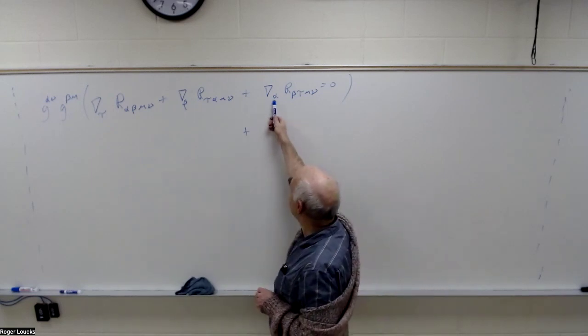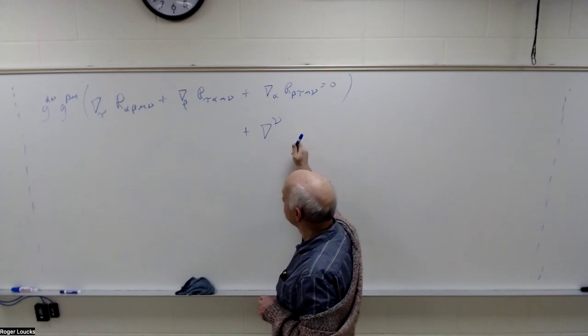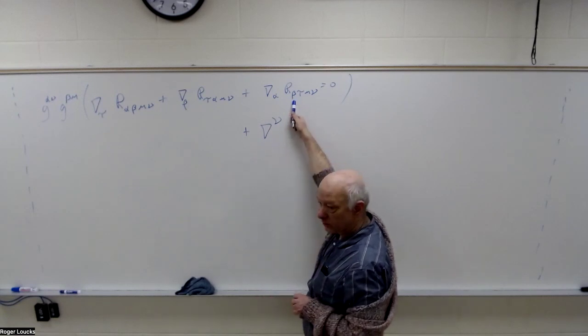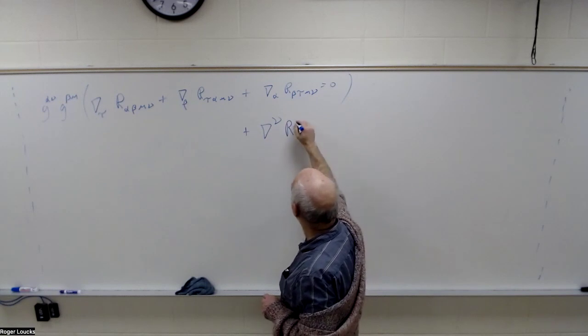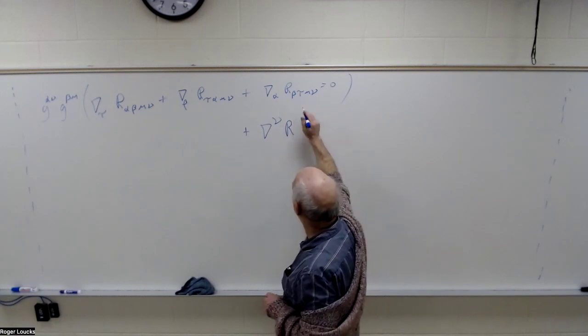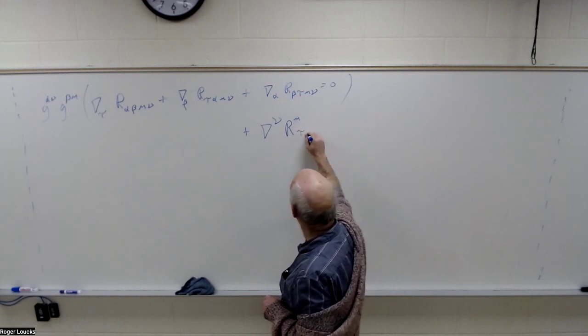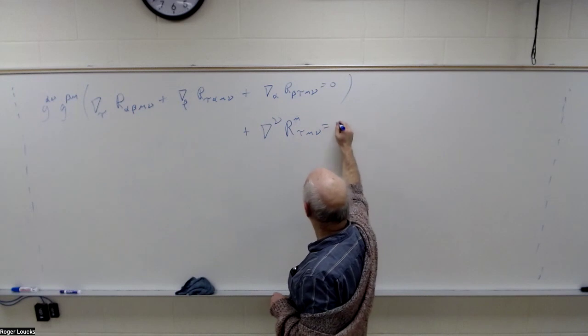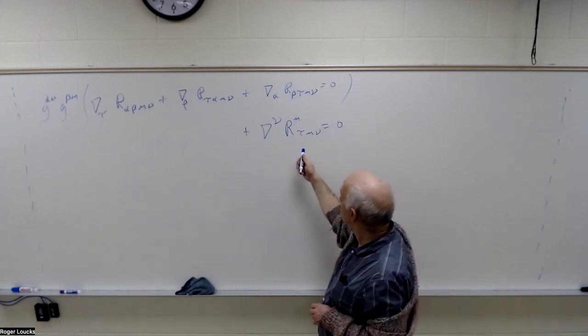This alpha will go up to the top and become alpha nu. What is this beta going to do? It's also going to go up to the top and become a mu. Tau will stay, and this is going to become mu, tau, mu, nu. This equals 0.